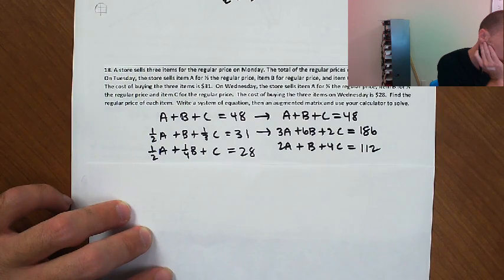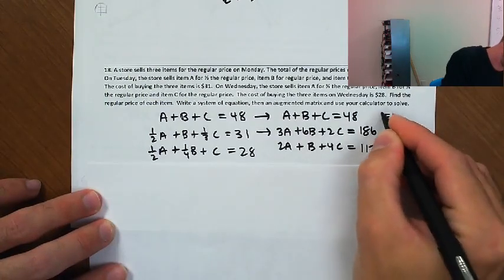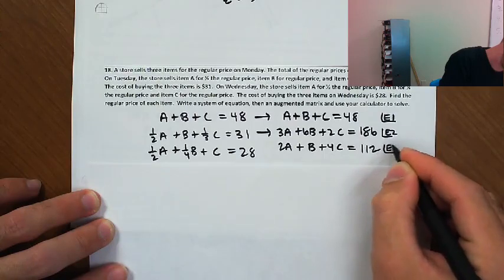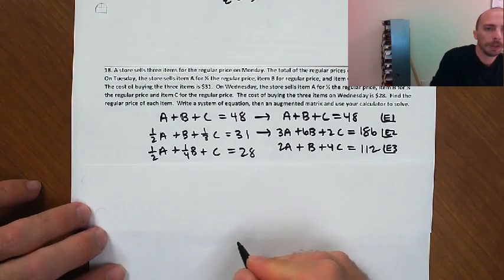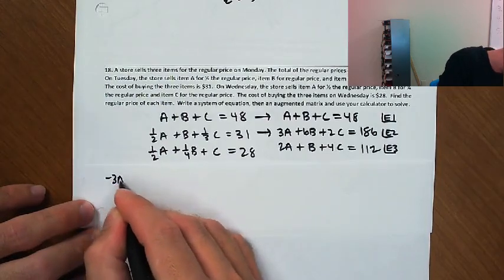This is going to be equation 1, this is going to be equation 2, and this will be equation 3. So I'm going to do -3 of equation 1.